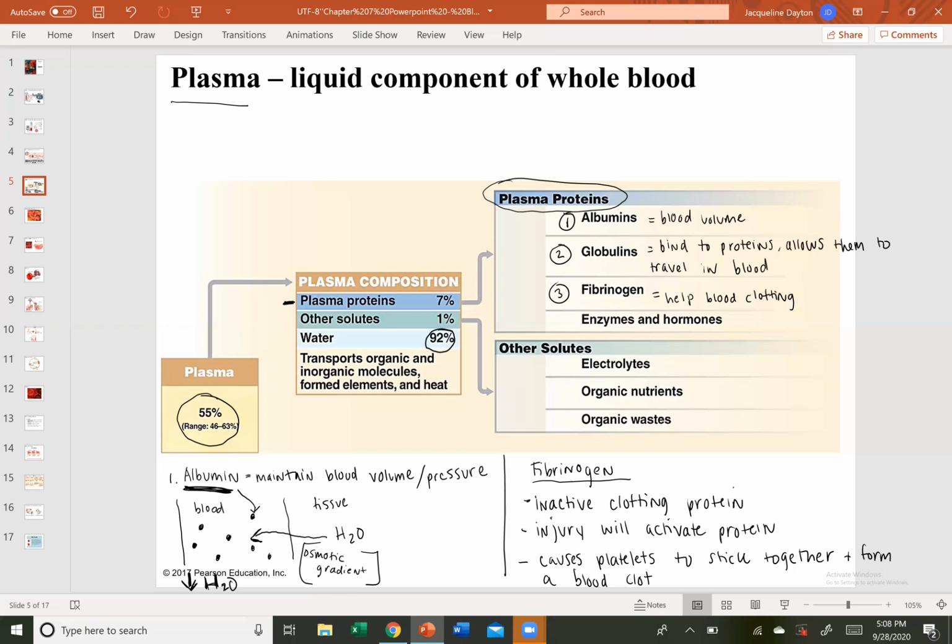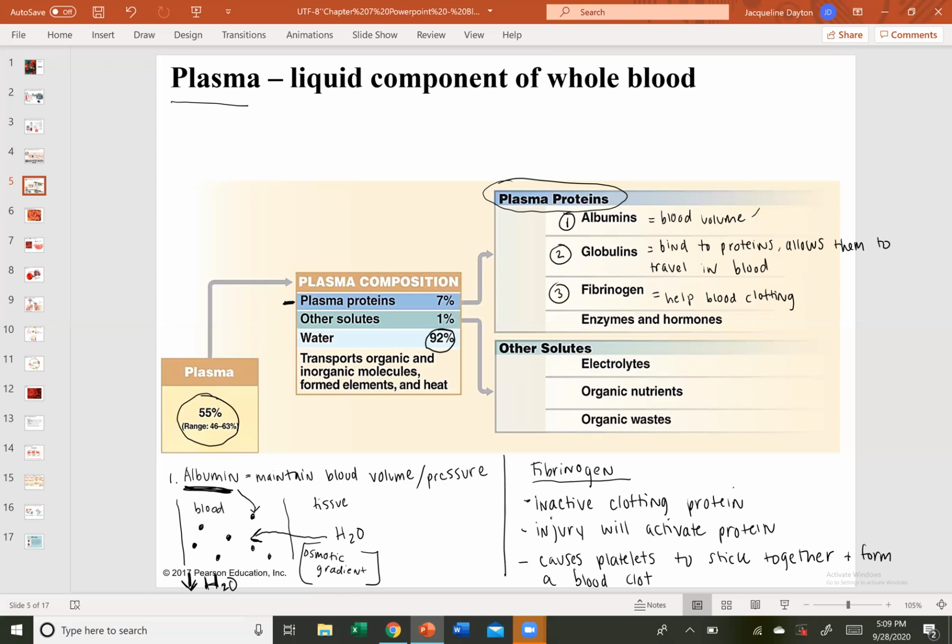So for your exam, you should know these three plasma proteins and a generic function, just very simply what the role of each one is, okay? Albumin is to regulate and maintain blood volume.